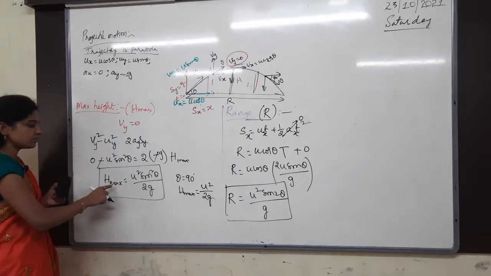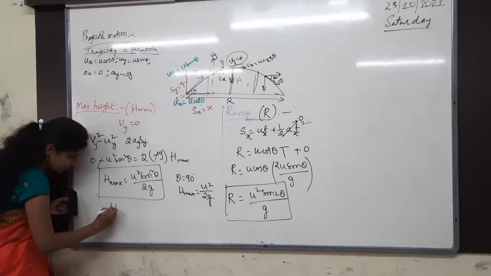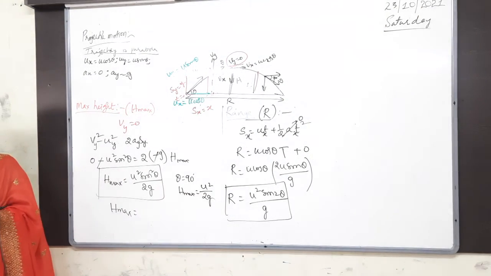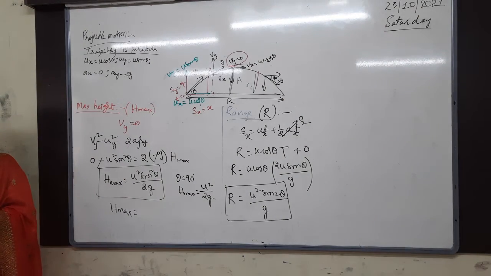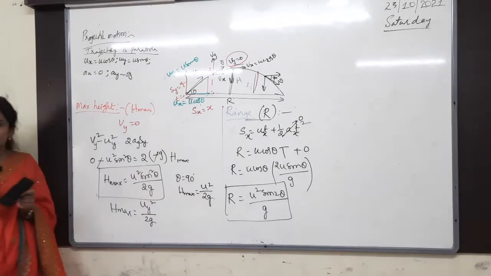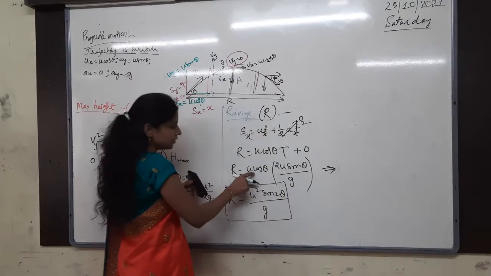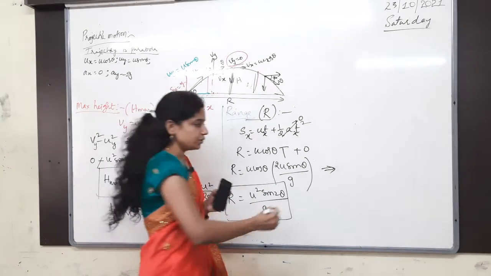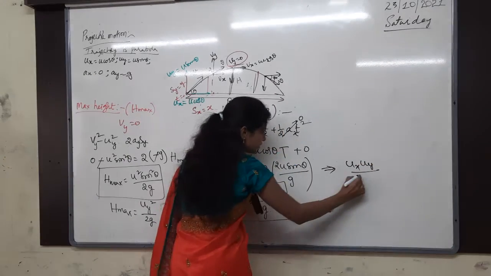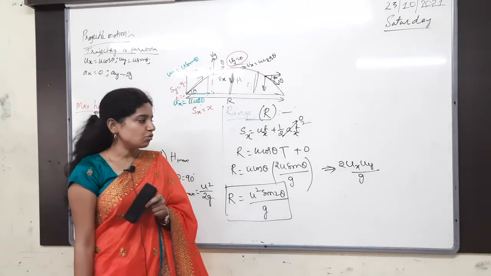But hmax = u² sin² θ by 2g. For the shortcut formula, u sin θ is the y component, so I can write hmax = uy² by 2g. Then for the range, u cos θ is ux and u sin θ is uy, and 2 is remaining, so R = 2ux uy by g.